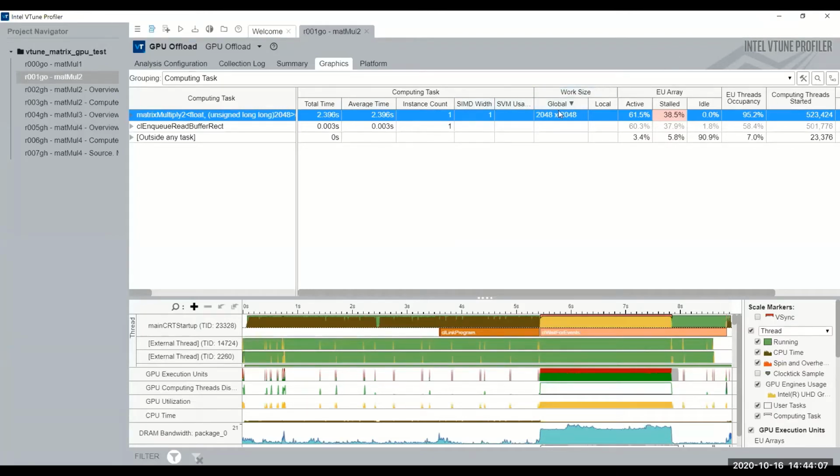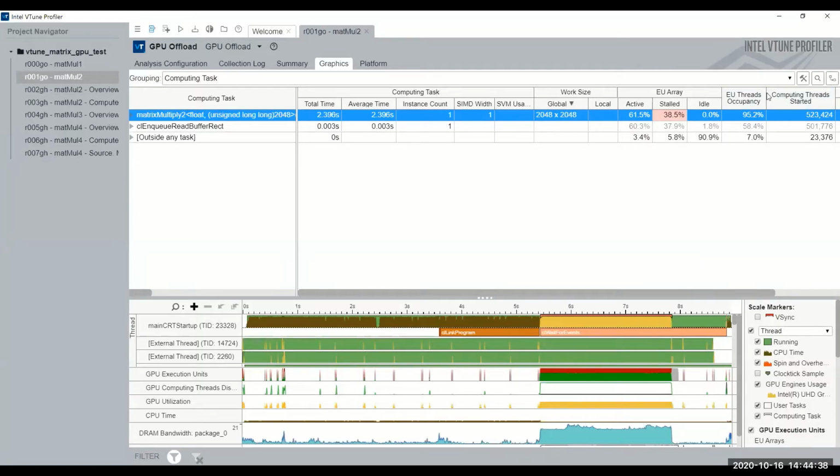There are also some characteristics regarding the size of the task and the efficiency of the execution unit arrays during runtime. As we can see, 38% of the time they were stalled waiting for data from some level of memory. It could be global memory or whatever. We don't know from this analysis yet.